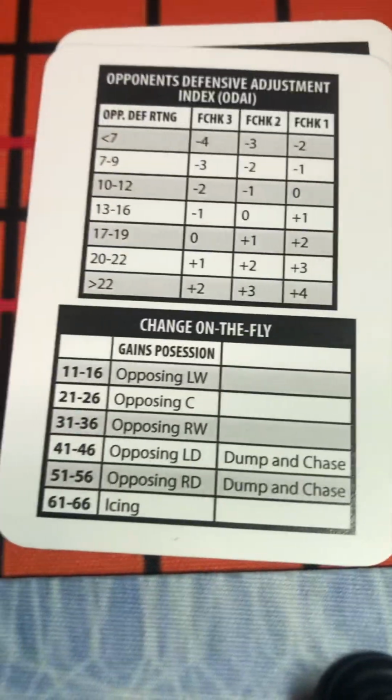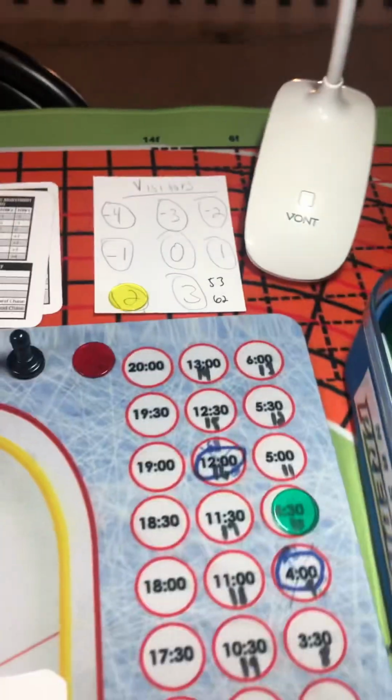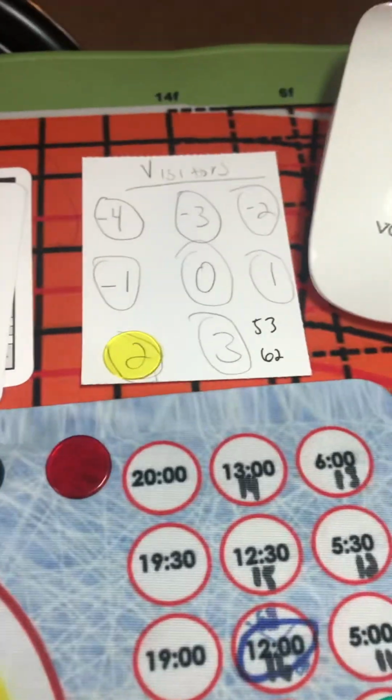So I just take my little 21. Here's 21. You can see a 21 and forecheck 2 is going to be a +2. Like I said, Kirk Berkelund says that's the kind of math that sends kids straight to the street. So now I'm just set to go until I have to do another line change.